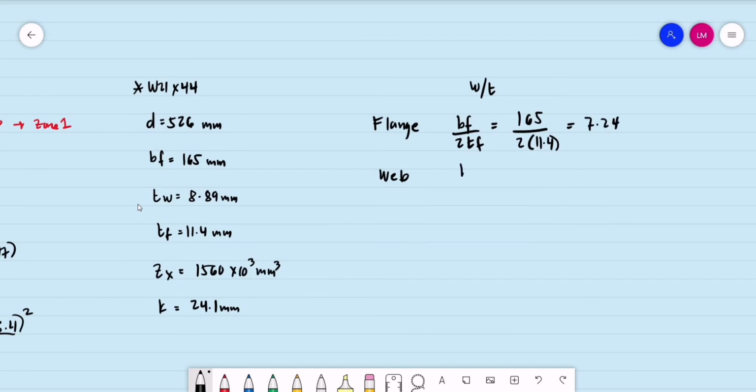Then for the web, this is h divided by the thickness of the web, which is the same as the total depth of the beam minus twice the value of K, divided by the thickness of the web.